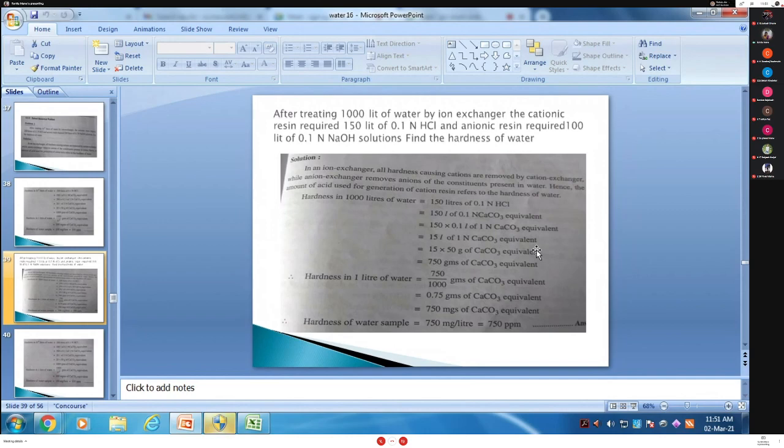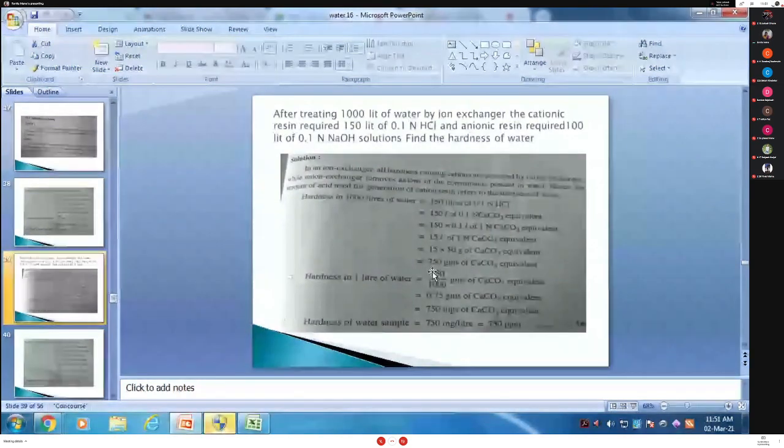Therefore, 15 into 50 grams of CaCO3 equivalents. What is the answer coming here? 15 into 50 is 750 grams of CaCO3 equivalents.